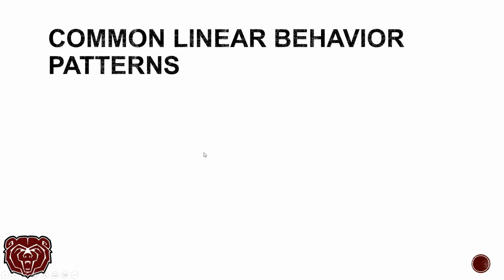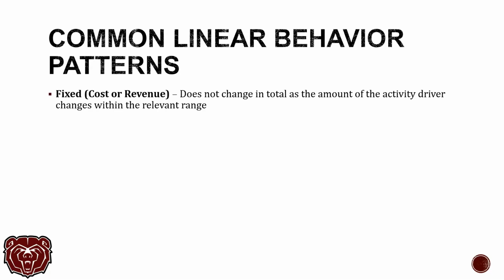So, common linear behavior patterns. These are the ones that everybody's pretty familiar with. At least I think you've heard some of these terms before. We have fixed costs or revenues. These don't change in total as the amount of the activity driver changes within the relevant range.